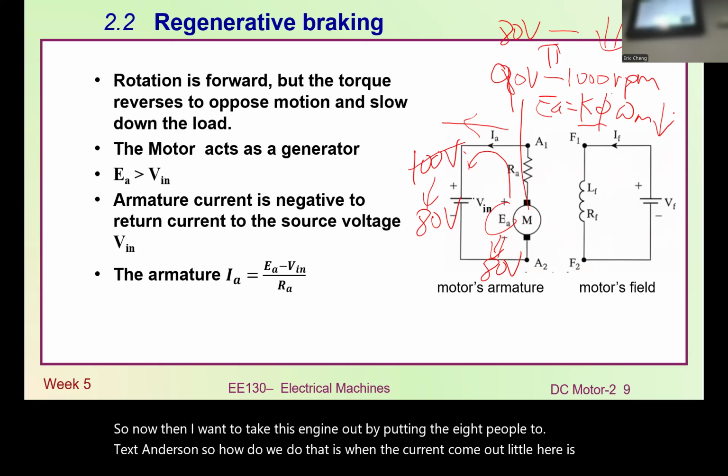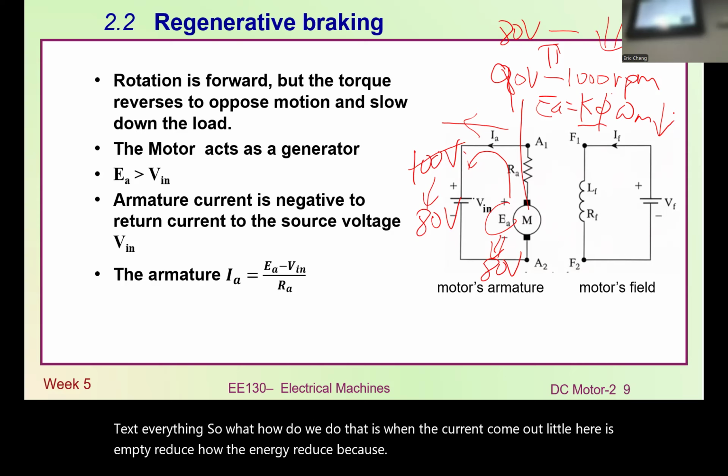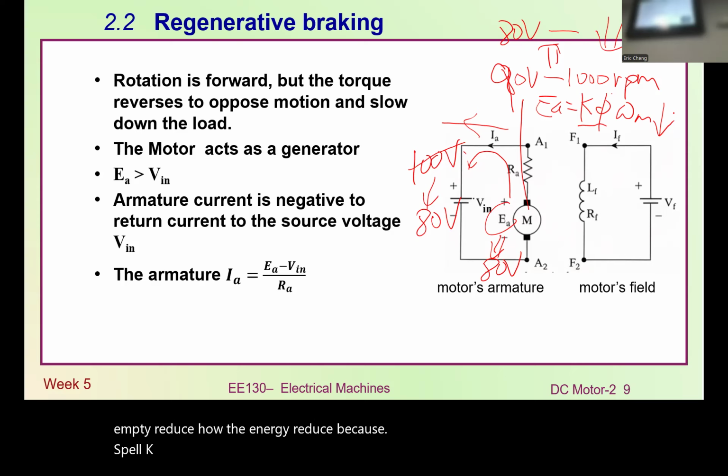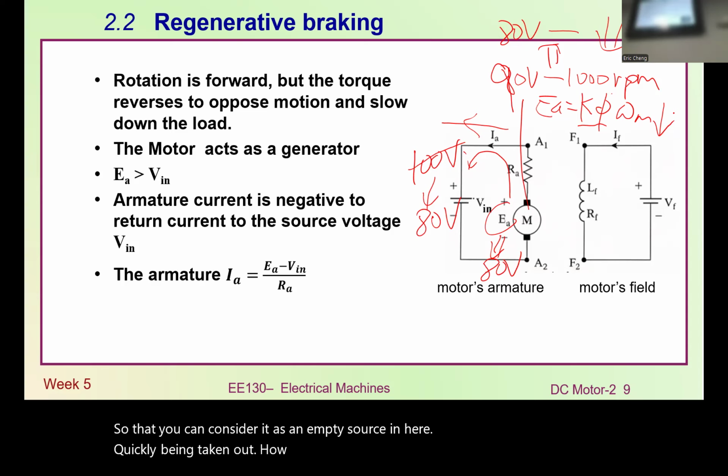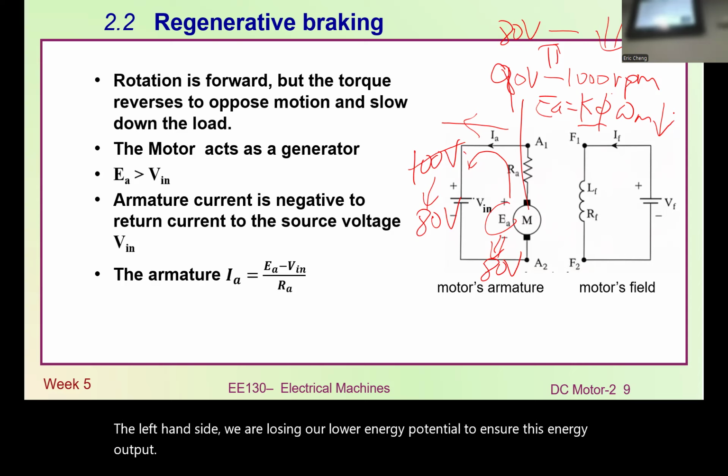How is the energy reduced? Because the K omega will be reduced from the omega equal to 1,000 RPM down to low voltage. So you can consider it as an energy source in here, gradually being taken out. How do we take out the energy? By the left-hand side, we are using a lower energy potential to extract this energy out. That's basically how it operates.